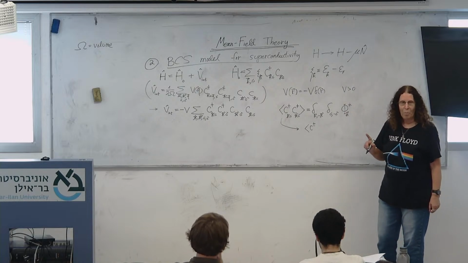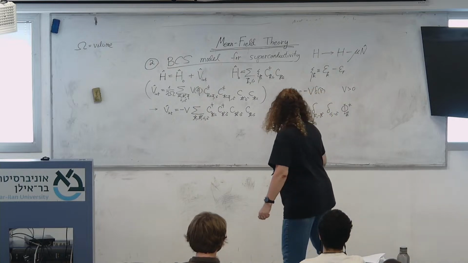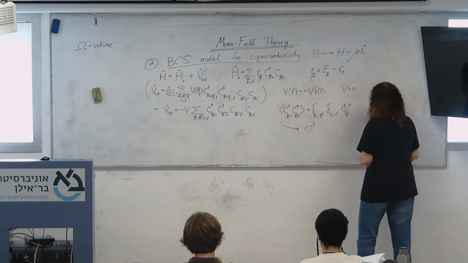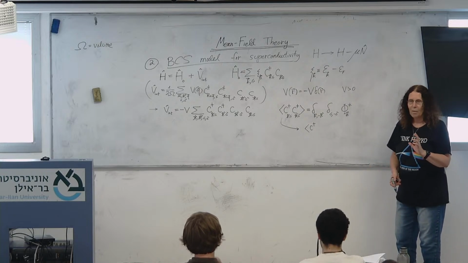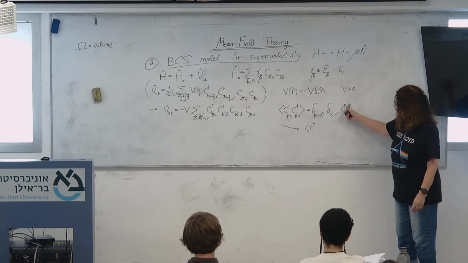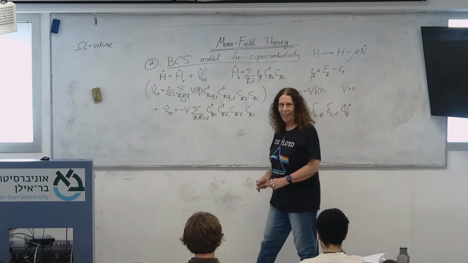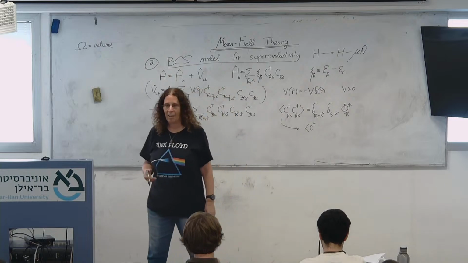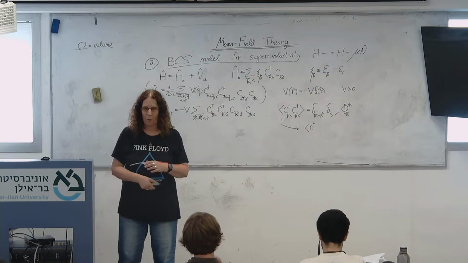There's an important point that I have to make before I write it. Phi is a number, but since I put a star, it means that generally it doesn't have to be real, it can be a complex number. In fact, in principle, it is a complex number.